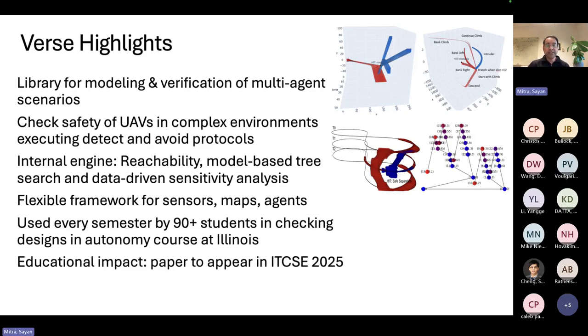So actually, there is going to be a paper in this computer science education conference discussing the impact of Verse on educating formal methods to the next generation of computer science and engineering students. So just wanted to mention that. And this is led by former graduate student Catherine Brott.